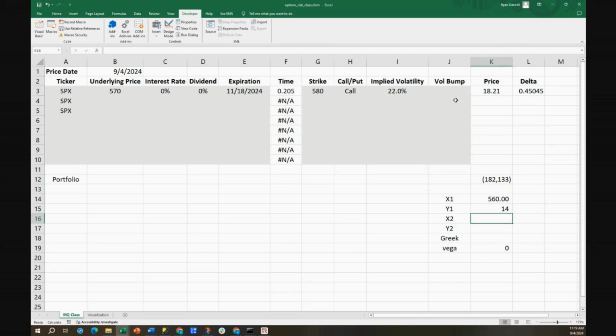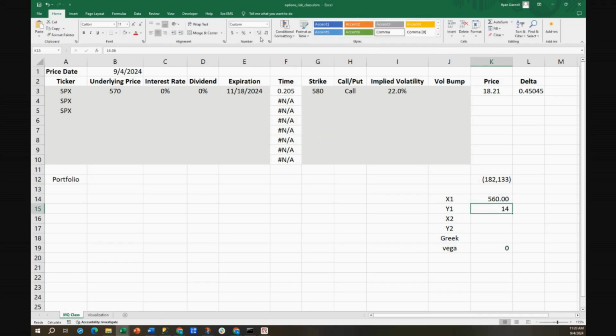When we put it up to 570, the price went up to 1821. I'm just going to add that.